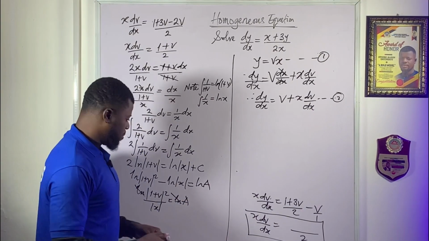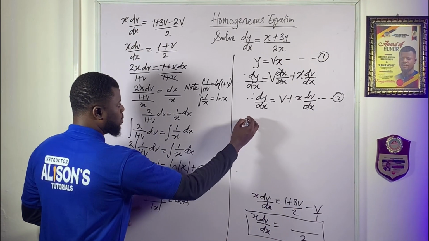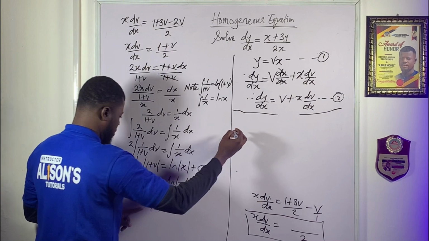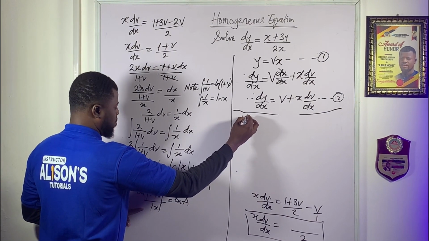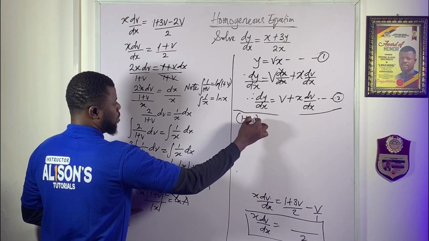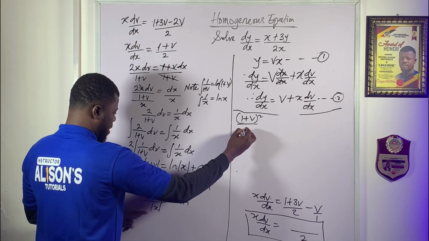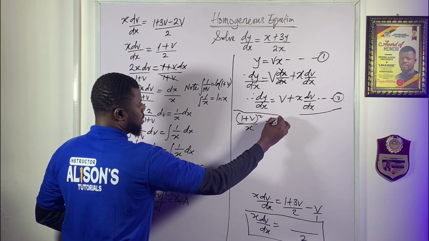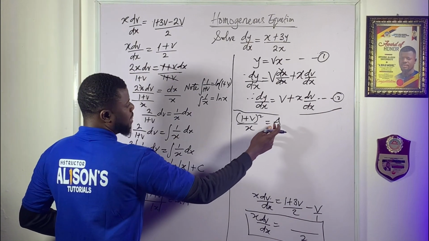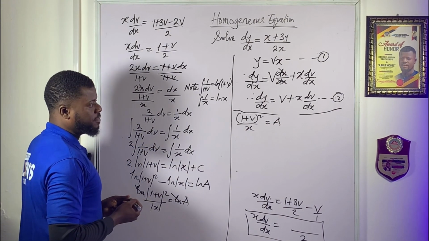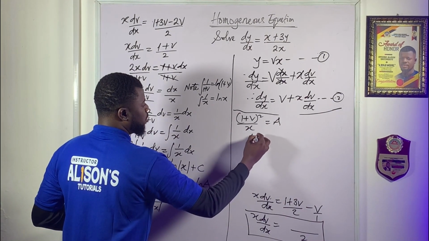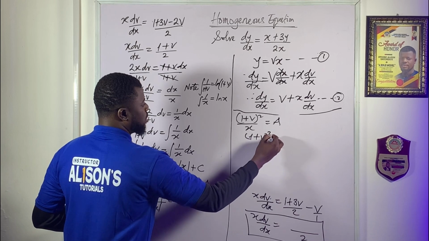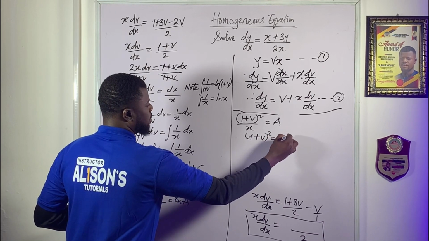All right. So when this cancels out, what is left is (1 plus v) all squared over x equals a. So if you cross multiply this, what will be left? You'll be having (1 plus v) all squared equal to xa.